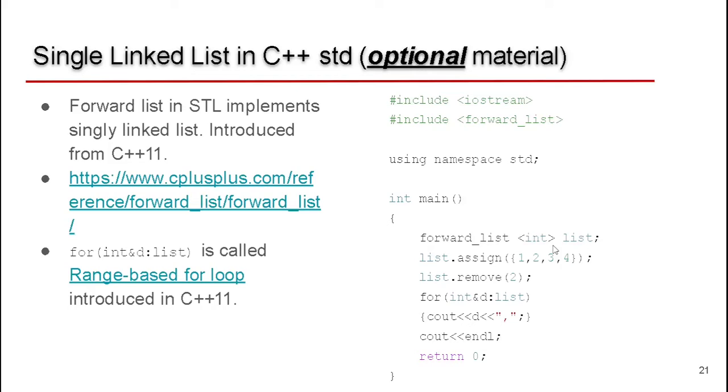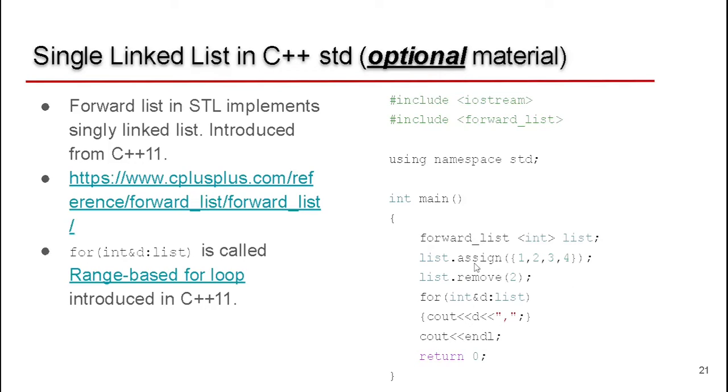You remember the assignment that you are going to solve. You may have different data types, or the simple, usual way is to have one data type for all nodes. So you specify the node type as integer and then the name of the list.